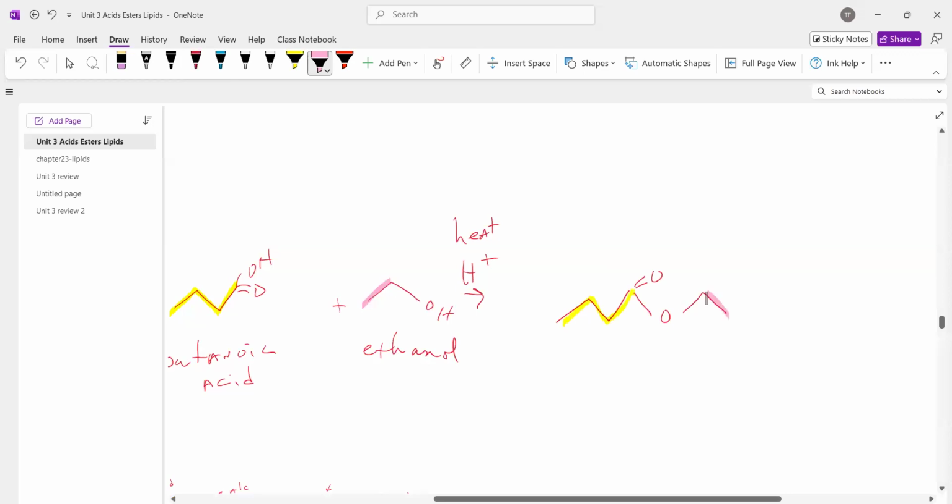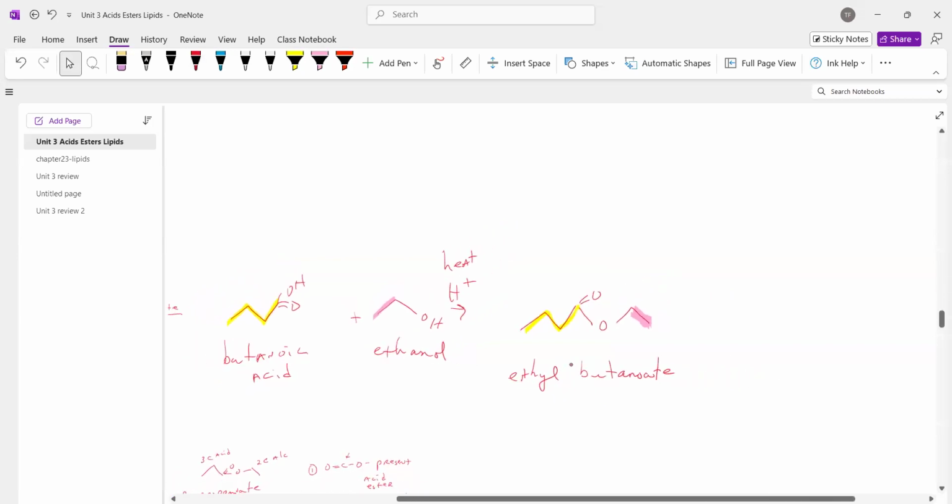So this would be ethyl butanoate. I'm going to stress the O-A-T-E. So that would be a typical ester reaction.